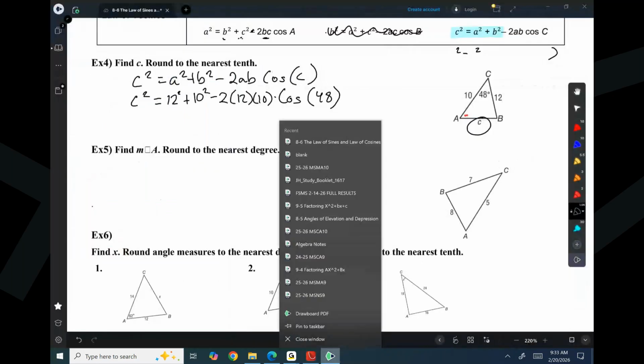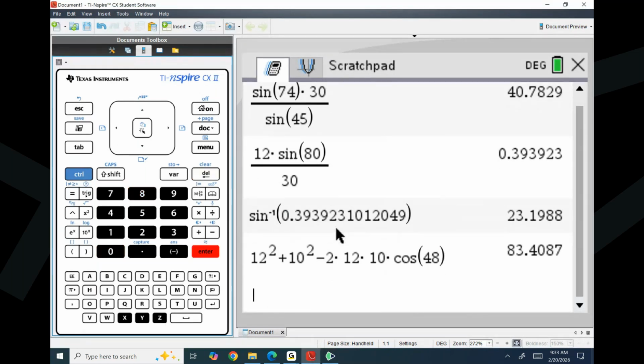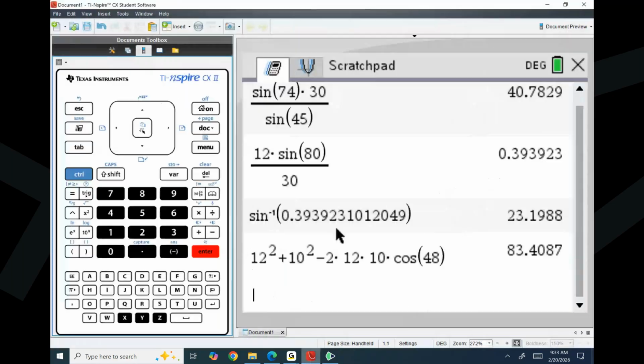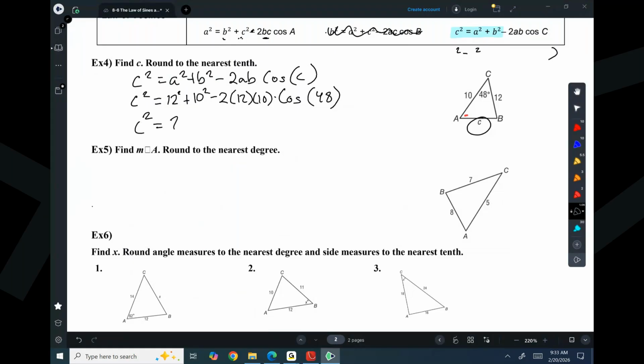And I hear what you guys are saying, but I'll do it myself. 48. 83.4, yeah? So C is 83.4, right? Wrong. That's what C squared is. Good job. So 83.4-ish.